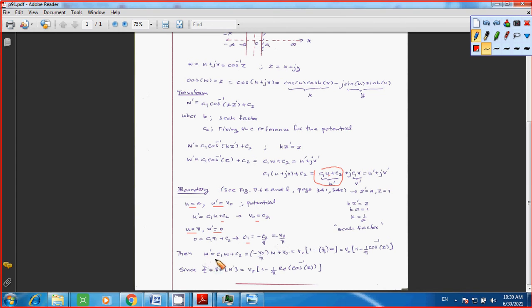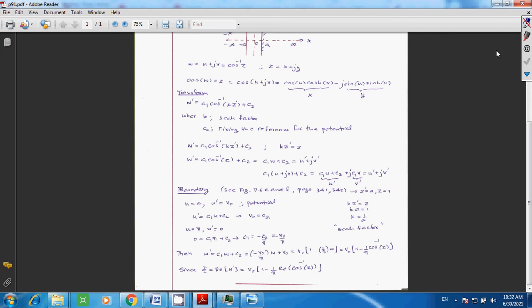Now you can write W prime in terms of U, since you already know the constants C1 and C2. And that gives you W prime equal to V0 multiplied by these expressions, that's the cosine inverse. And since your potential is actually the real part of W prime, which is this term, C1 W, you end up with phi equal to V0 multiplied by 1 minus 1 over pi, the real part of inverse cosine of Z.